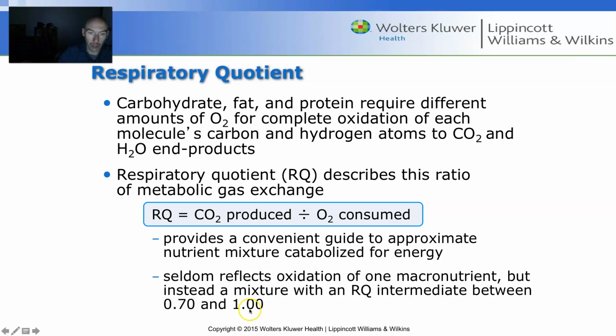So at a 1.0, CO2 produced and O2 consumed are going to be even, right? Say 6 produced, 6 consumed. That gives us a ratio of 1.0. Usually, at rest, I should say, we're consuming more oxygen than we're producing CO2, okay? And when that's the case, the ratio is less than 1, okay?